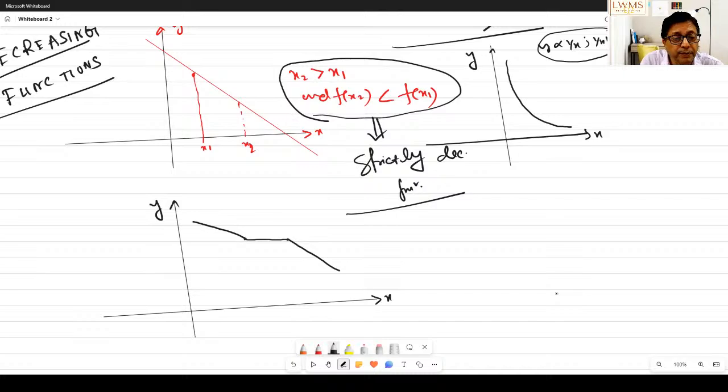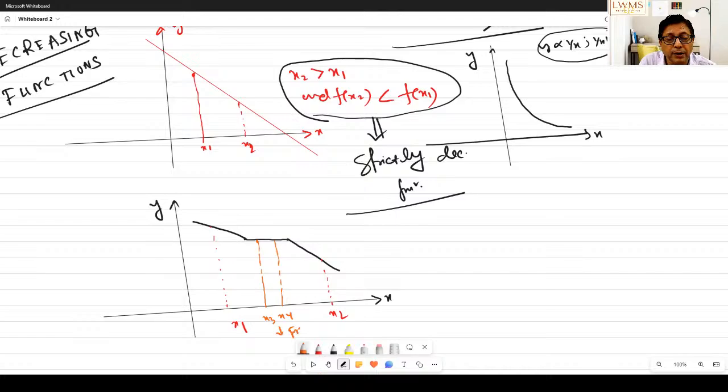Because if I take points here and here, this is x2, this is x1. So this is valid: for x2 greater than x1, f(x2) is greater than f(x1). But if we take 2 points where the graph is parallel to the x-axis, x3 and x4, here it is not true.